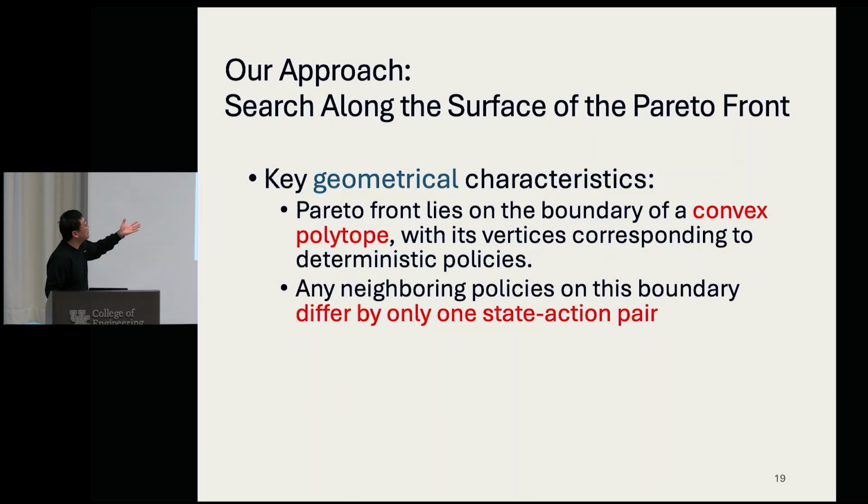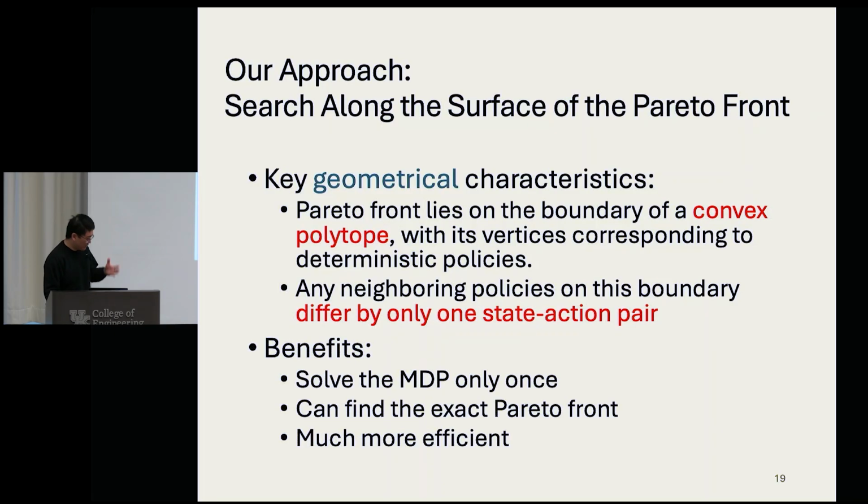Any neighboring policies on this boundary differ in only one state-action pair. The benefit is that we only need to solve the MDP once, and we can find the exact Pareto front. It's not an approximation. And we show that it's much more efficient compared to some similar algorithms. Those similar algorithms cannot solve for the exact Pareto front, but we still listed them to compare the efficiency.